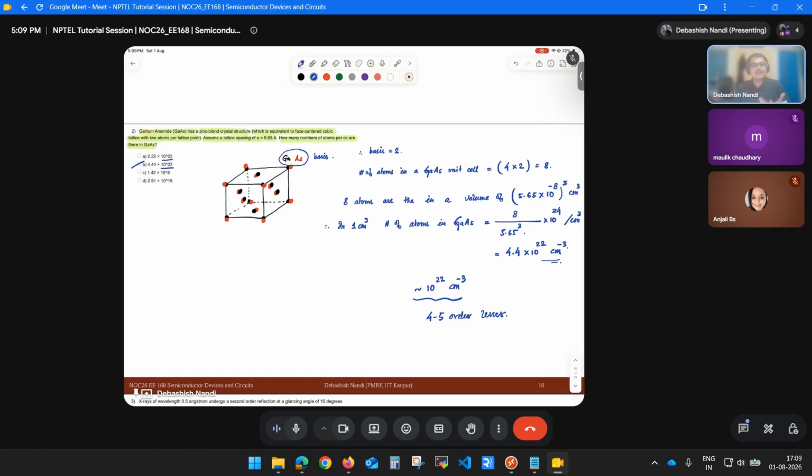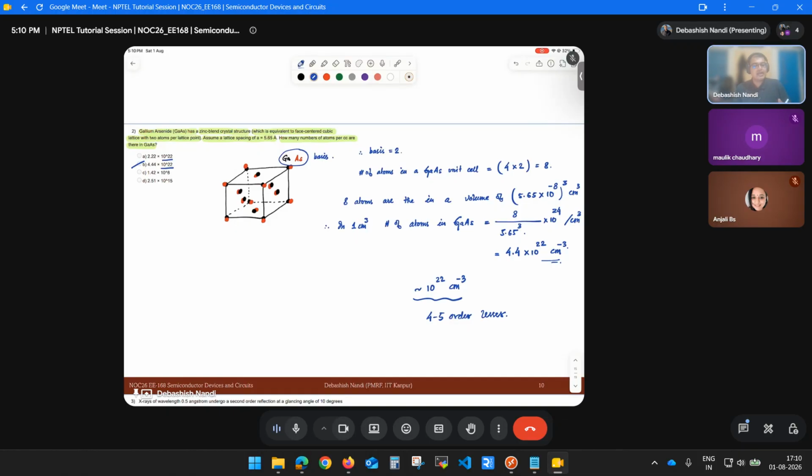Once you keep increasing the concentration, then it starts to become a colloid, right? A similar thing happens here also. Once you start to increase the doping concentration, it starts to form an alloy with the dopant material.